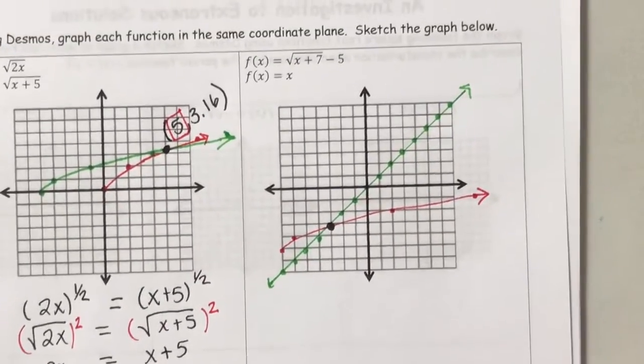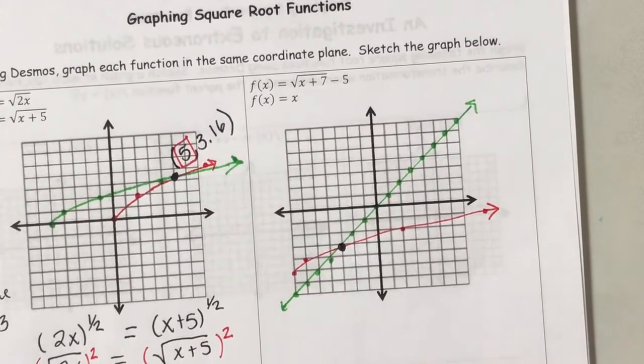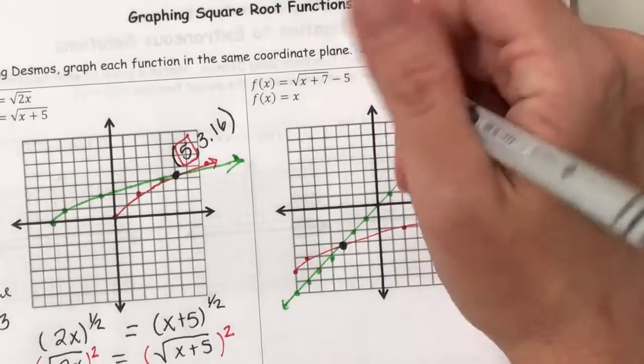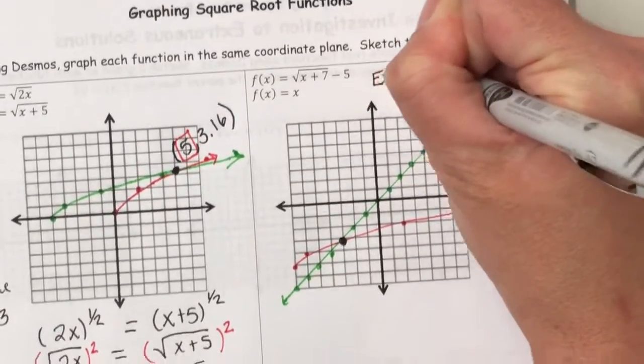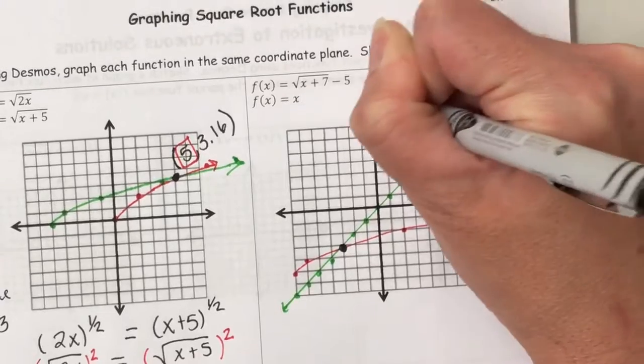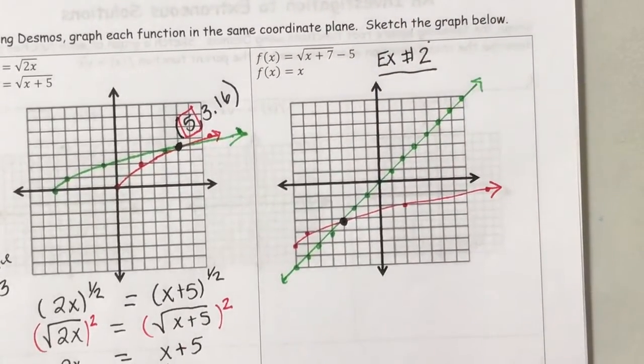So the next one, hopefully you recognized how this one came from our example in our notes. This was example number 2. Remember, this was an example that had an extraneous solution. So I'm going to go back and review how to solve this.